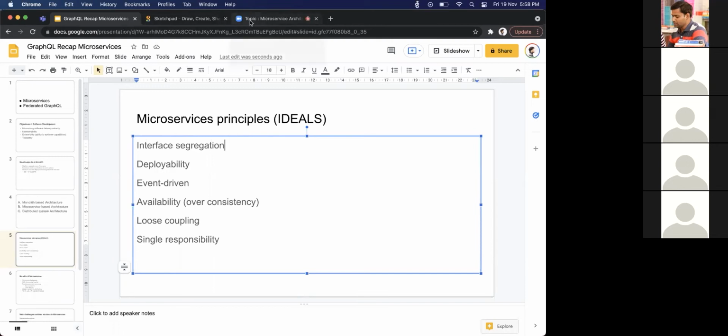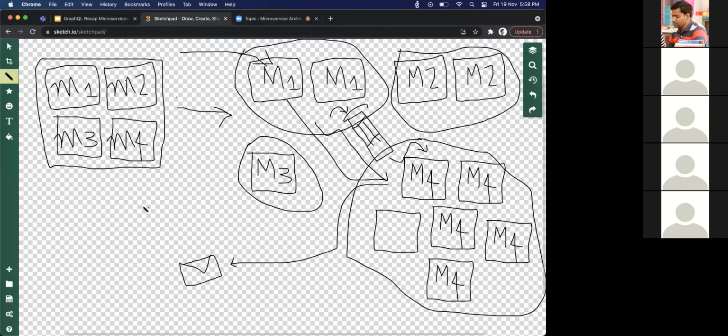In this example, you know that clients will ask for offers. So you could put all offers-related code into one service. That is interface segregation.